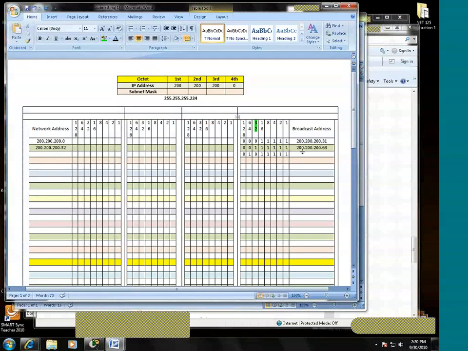Okay, what's the broadcast address for this subnet? 95?